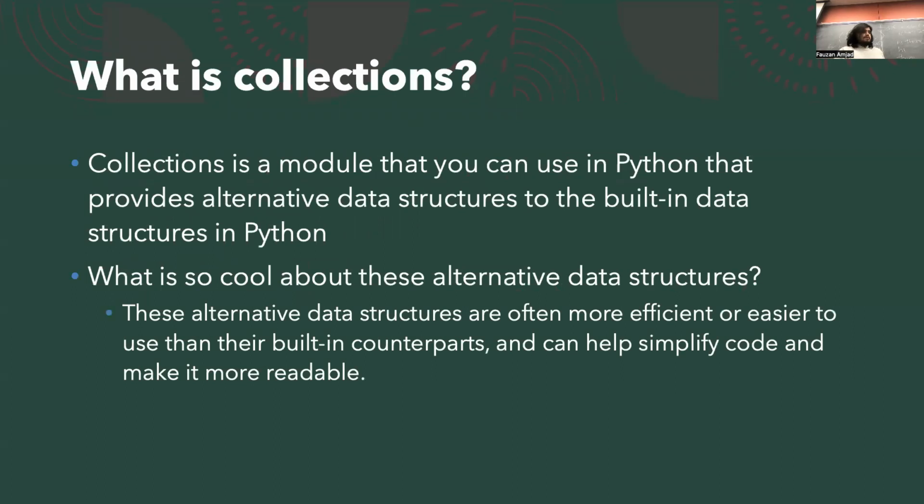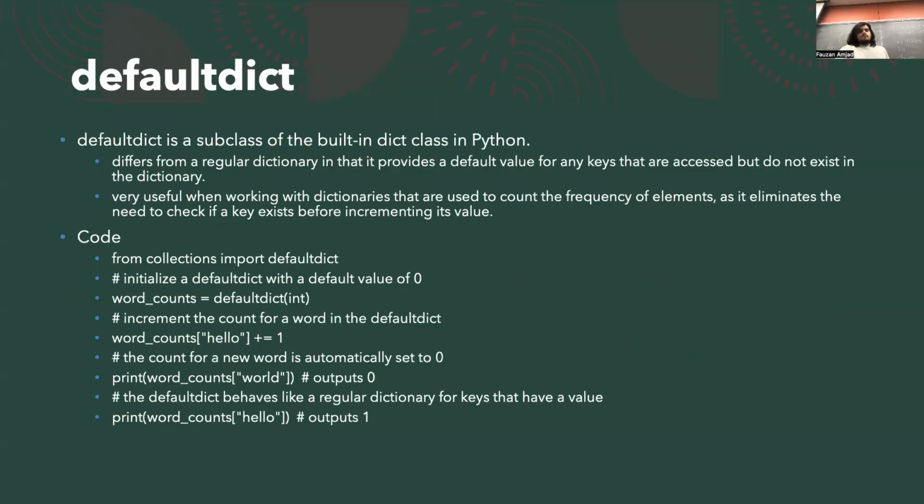These alternate data structures are more efficient and more practical in different scenarios. We have the default dictionary, and the cool thing about it is that rather than getting a null value when someone accesses an element, with a default dictionary it'll have a default value whenever you access an element that you previously did not instate.